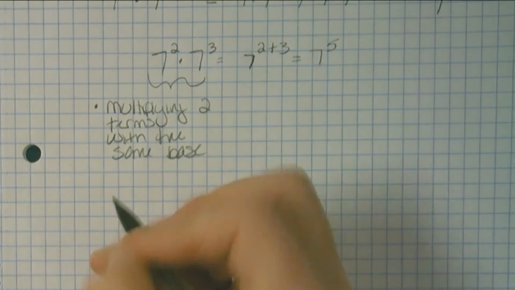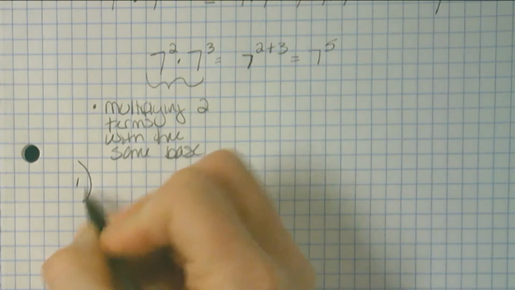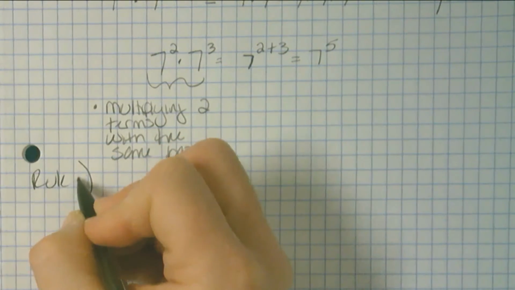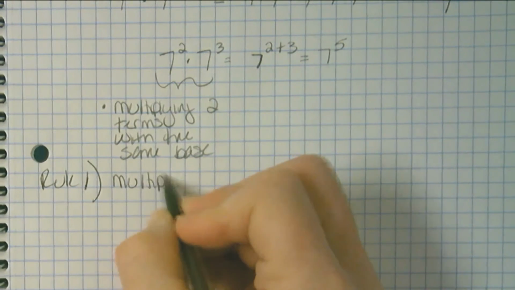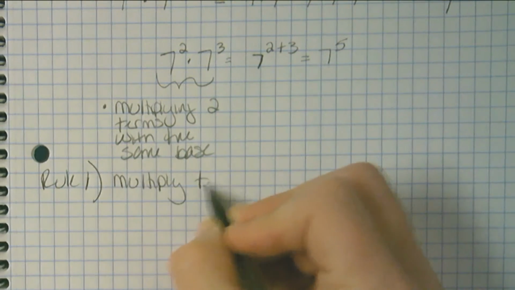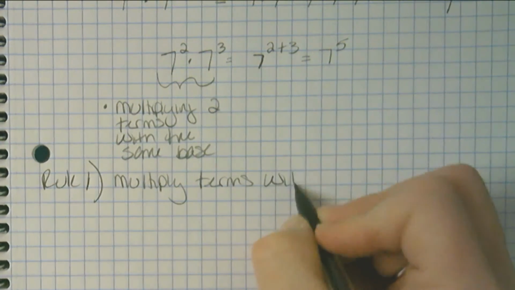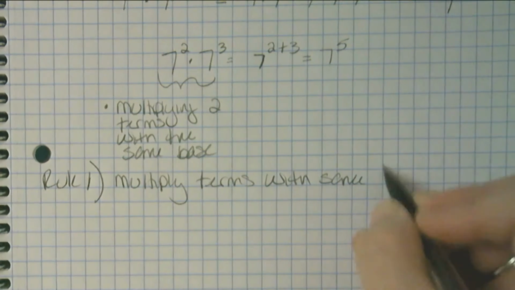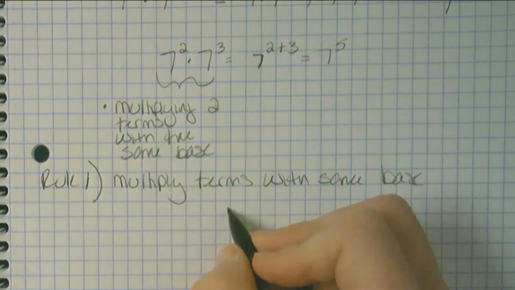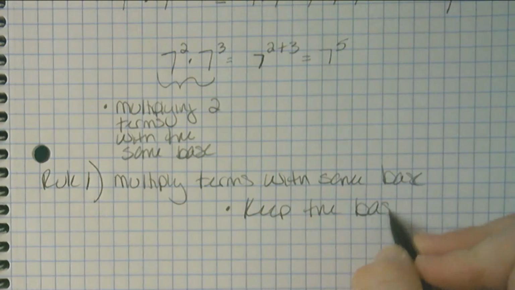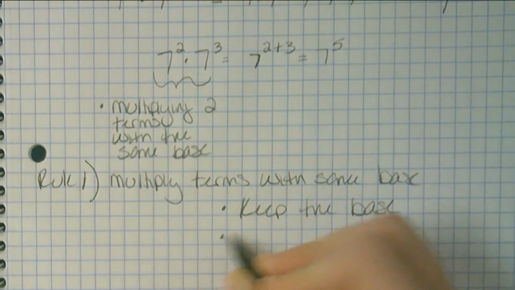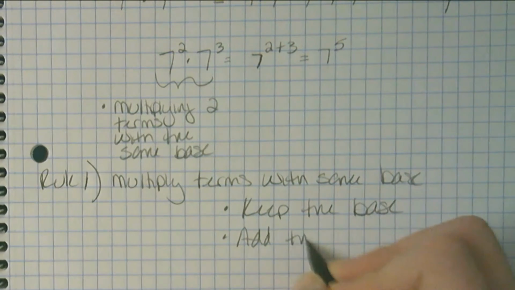All right, so here is our rule number 1. This is when we multiply terms with the same base. We keep the base. We add the exponents.